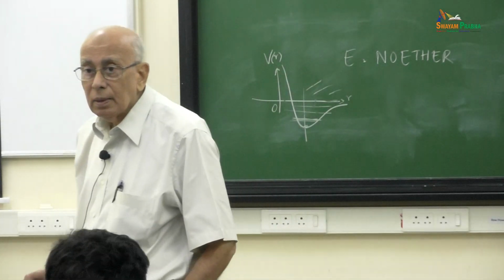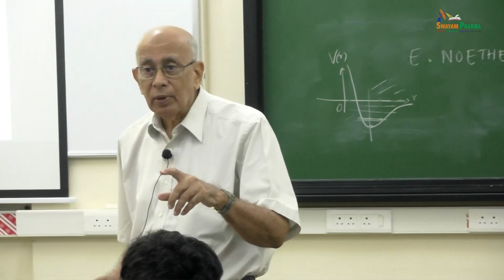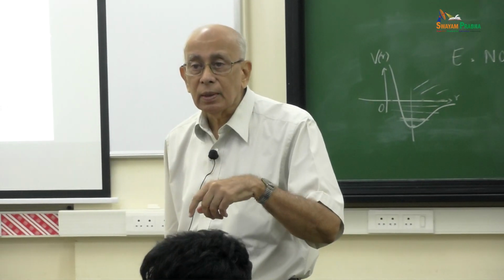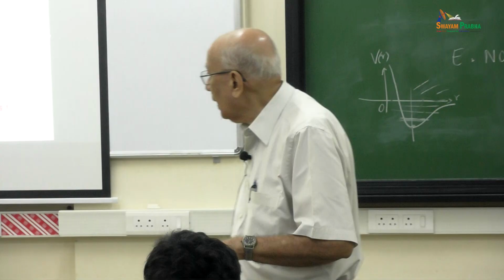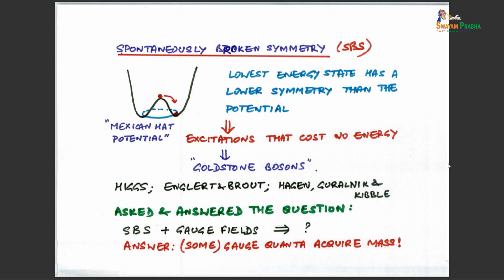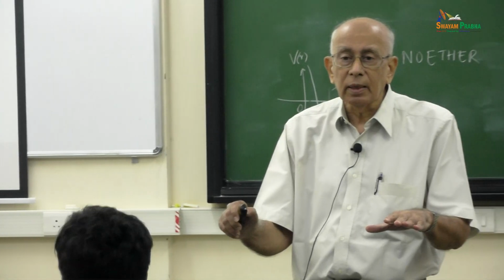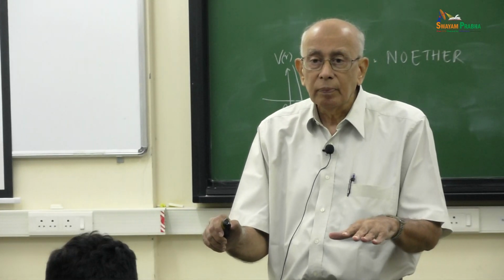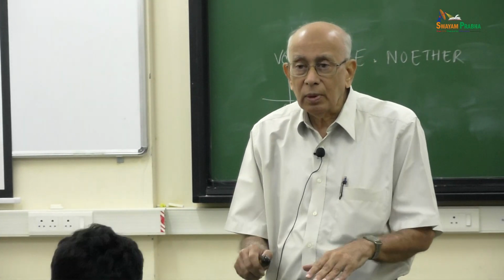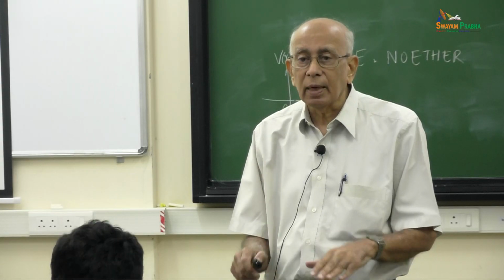So I would therefore expect quantum fluctuations to move it from one point to another. And that's exactly what the Goldstone bosons are. If I didn't have any quantum fluctuations and I had an absolute vacuum with nothing in it, then this would not happen. But the moment I have quantum fields fluctuating, this can happen.